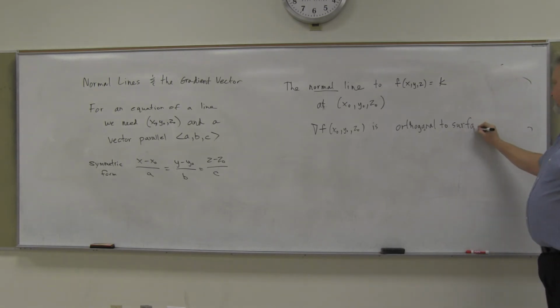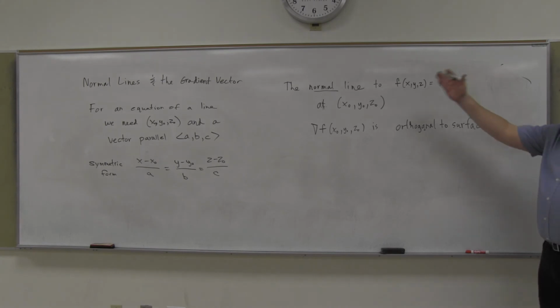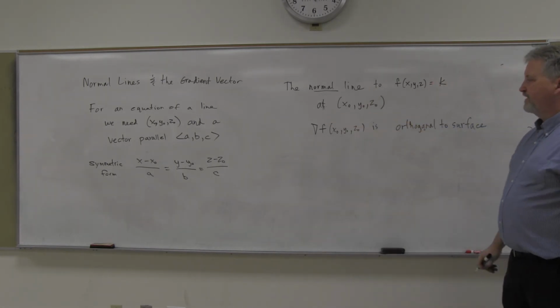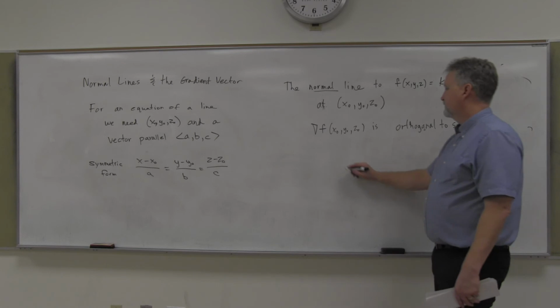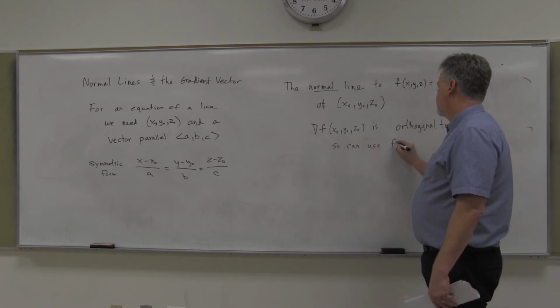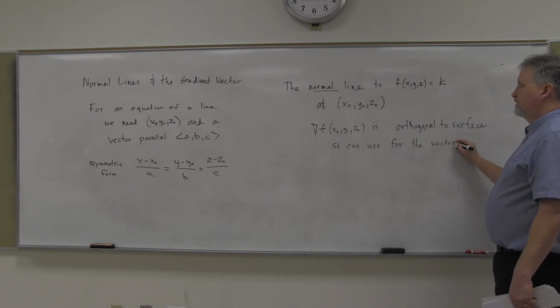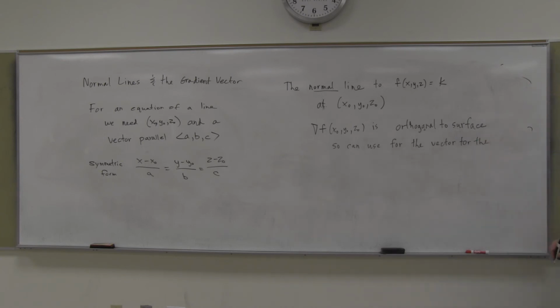So that's orthogonal to our surface, and so hence we can use that for our parallel vector in our equation. So we can use it for the vector for the normal line.